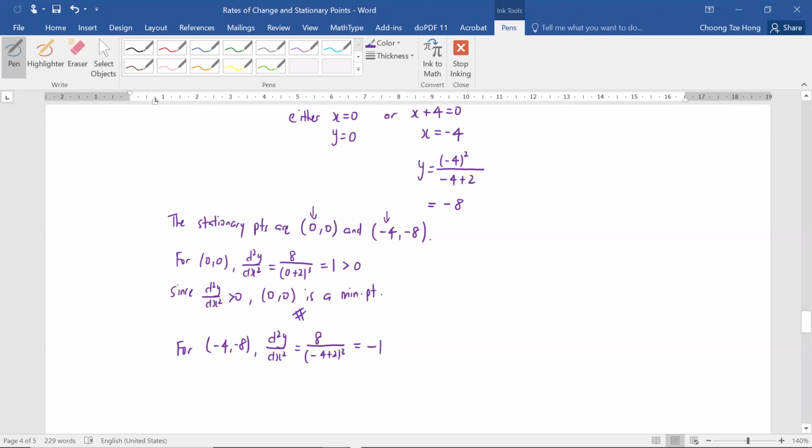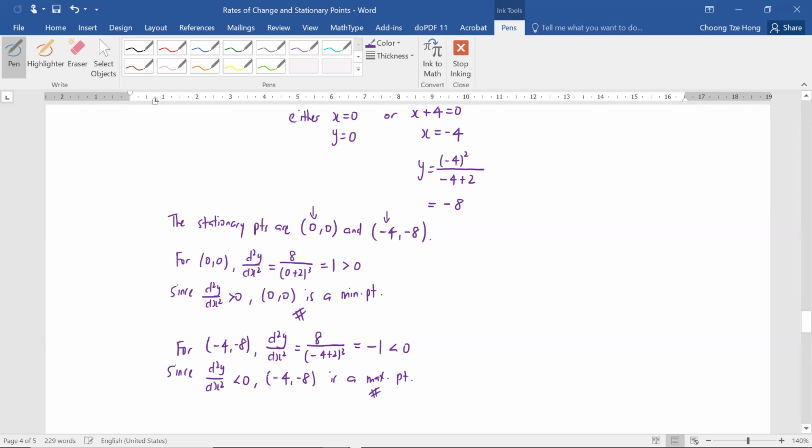So 8 over (-2) cubed, so 8 over -8, which is less than 0. Then since d2y/dx squared is less than 0, (-4, -8) is a maximum point. So maximum point, minimum point.